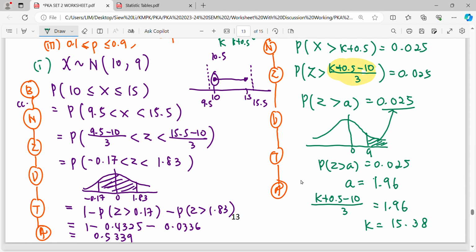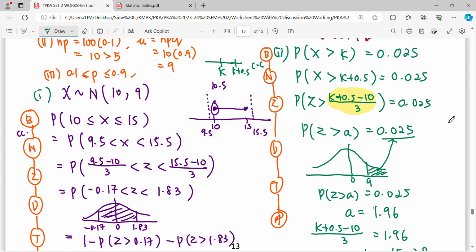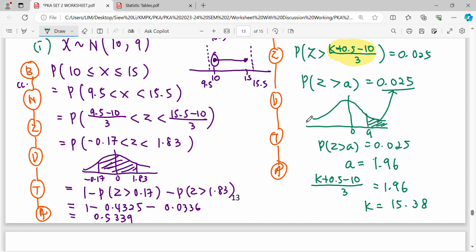Then our problem here is, should we round off, or do we let it be a decimal like 15.38? Then you have to refer back to what your K status is. The K originally comes from binomial. Binomial is only for a random variable which is discrete. For a discrete random variable, can we accept decimals? No. So this K has to be discrete.